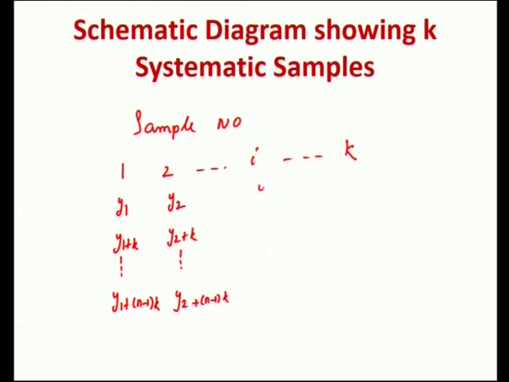In the ith systematic sample we have yi, yi plus k, and in a similar manner yi plus (n minus 1)k. In the kth systematic sample we have yk, y2k and so on up to ynk.